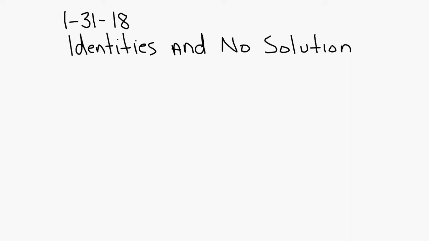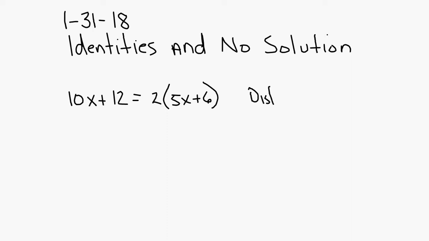Okay, you're going to see a type of problem in the next couple of days that will end up looking like 10x plus 12 is equal to 2 times 5x plus 6. Yesterday we talked about this, and the first step in this problem would be the distributive property, to remove grouping symbols.